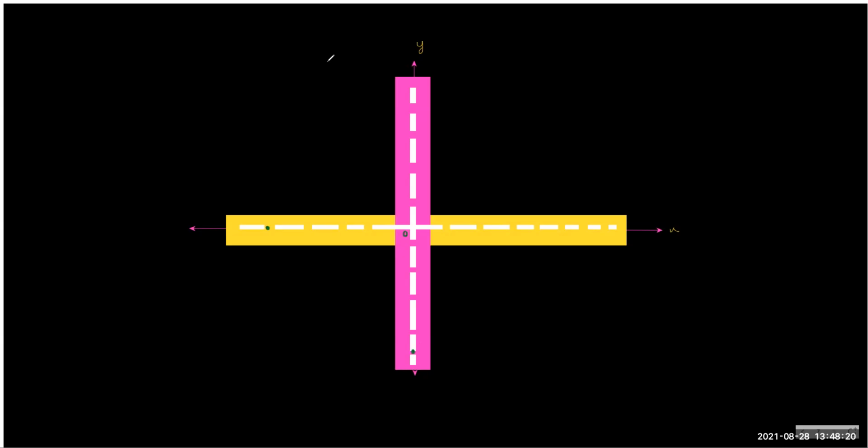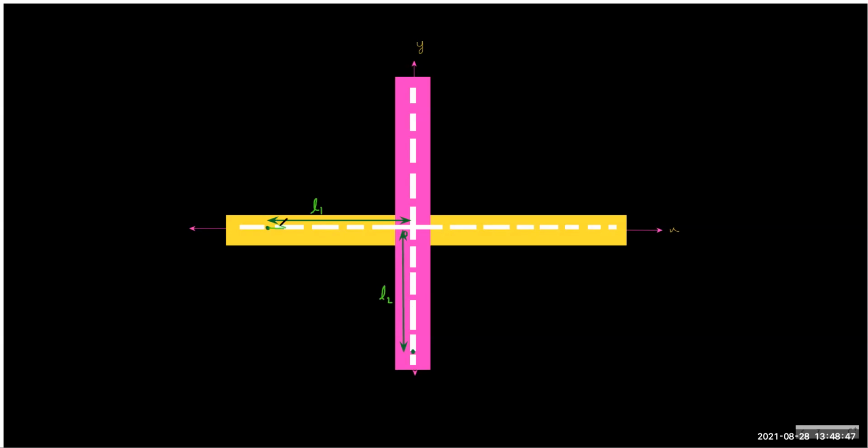So in the beginning, the first car is at a distance of L1 from the intersection, and the second car is L2 from the intersection.